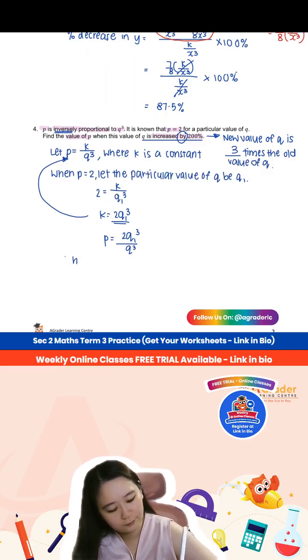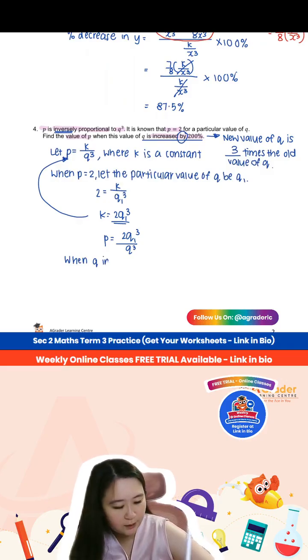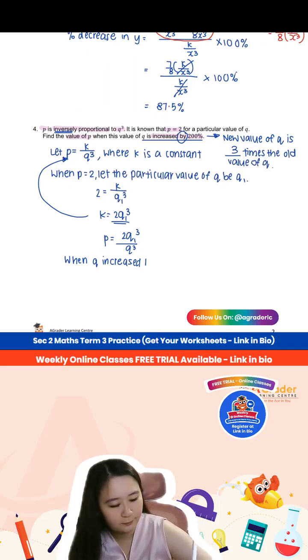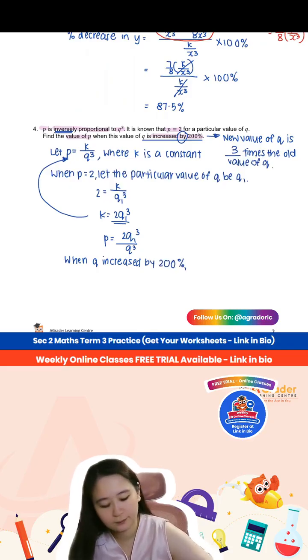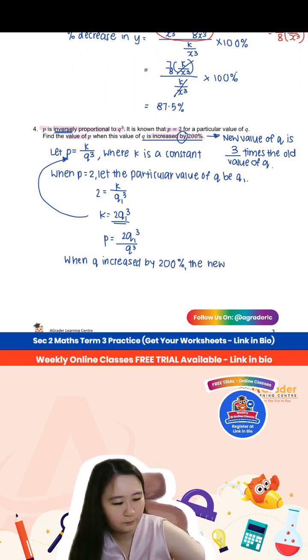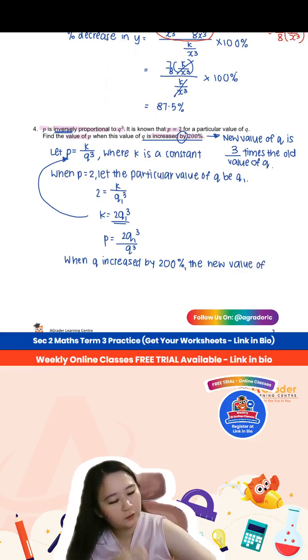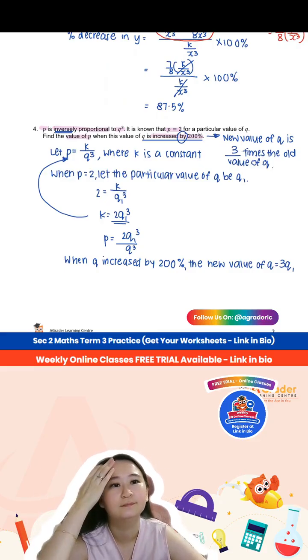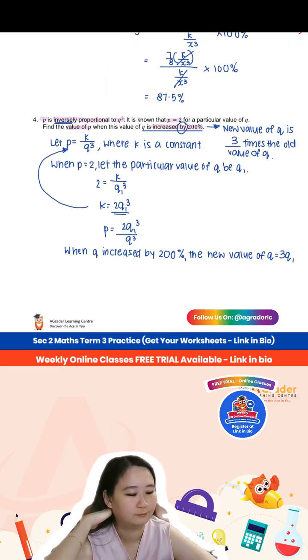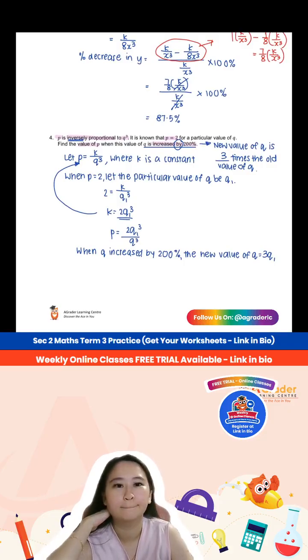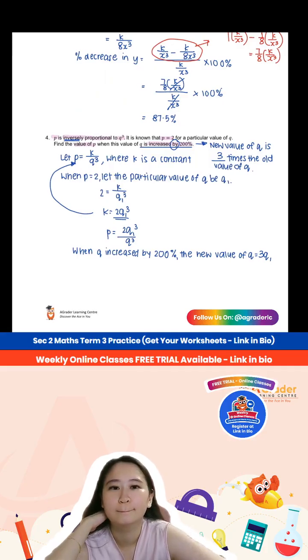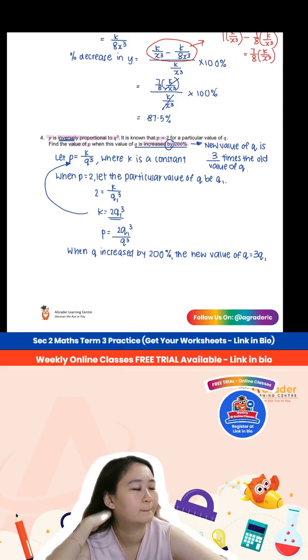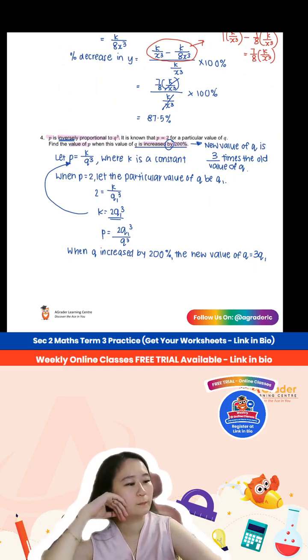So when Q increases by 200%, the new value of Q will be 3Q1 because 3 times. Okay?